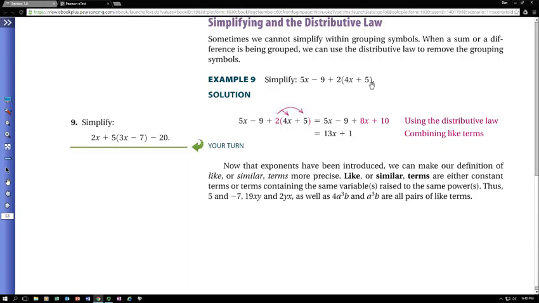Well, according to order of operations, I have to do the multiplication before I can do addition. So I'm done. I can't do anything else with this unless I have some laws that can override order of operations. So we get strategic and figure out a way to be a problem solver by applying these laws.